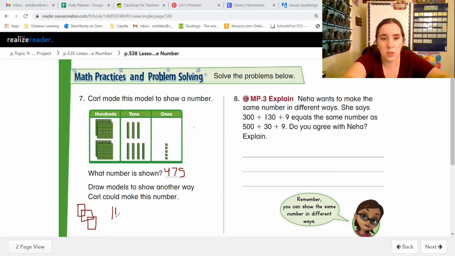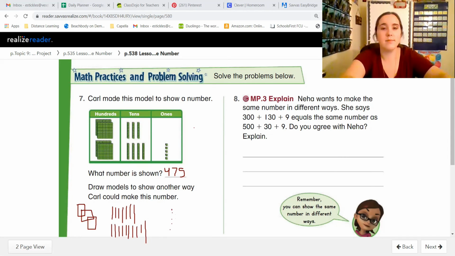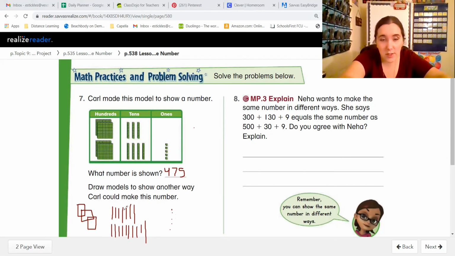So 1, 2, 3, 4, 5, 6, 7, and then I need to draw 10 more because I took a 100 flat and turned it into 10 tens. So 1, 2, 3, 4, 5, 6, 7, 8, 9, 10, and then I still need my 5 ones. So 1, 2, 3, 4, 5. Ta-da! Done. So that'd be 300 plus 170 plus 5 equals 475.